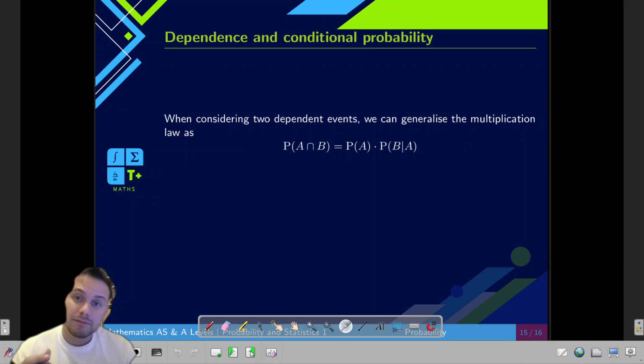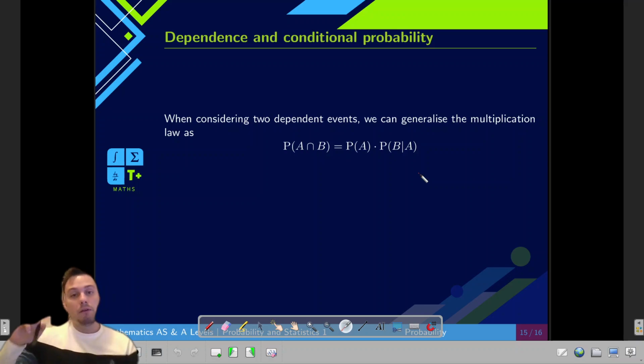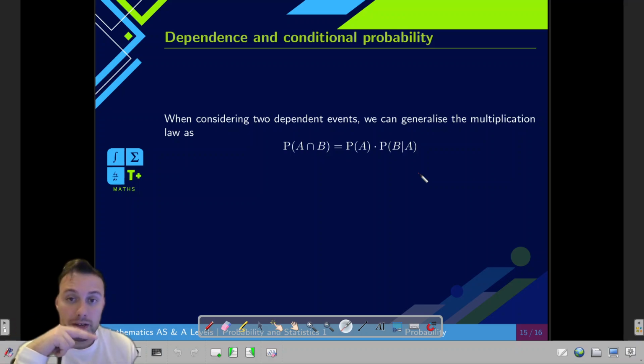With that in mind, we can also generalize the multiplication law, and we can find that the probability of the intersection can be found as the probability of A times the probability of B given A. This is the probability of two events occurring at the same time, in this case events that are dependent.